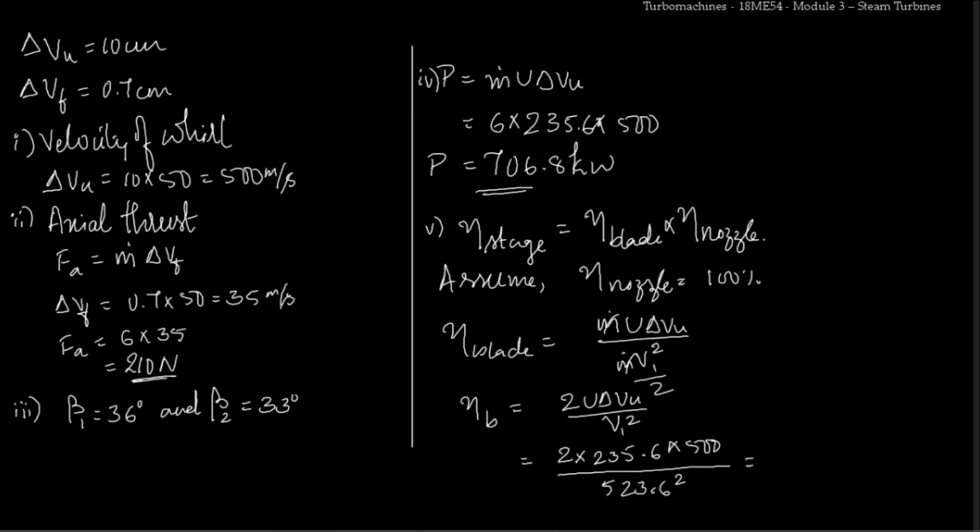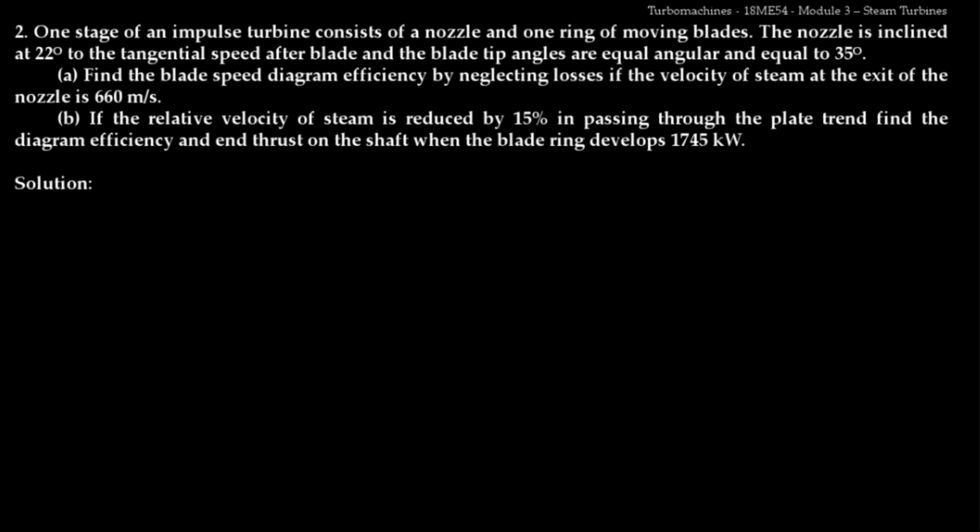It is around 0.859, so we have to multiply this with 100 to get it in percent, 85.9%. So this is the blade efficiency. In this case, this is also the stage efficiency.